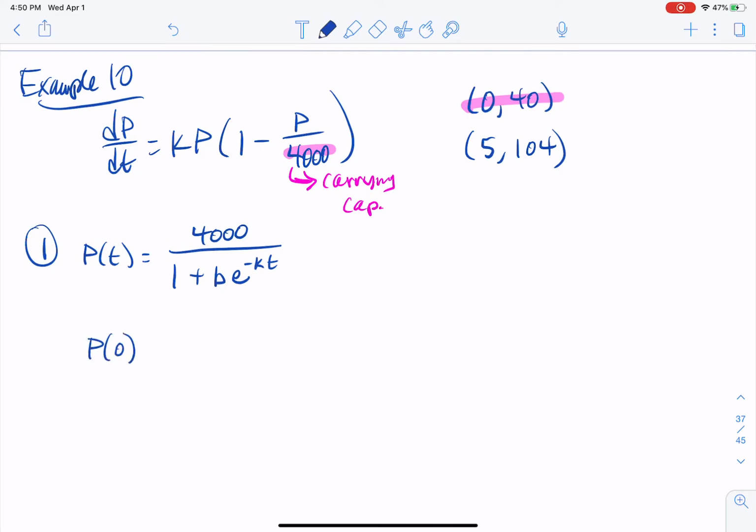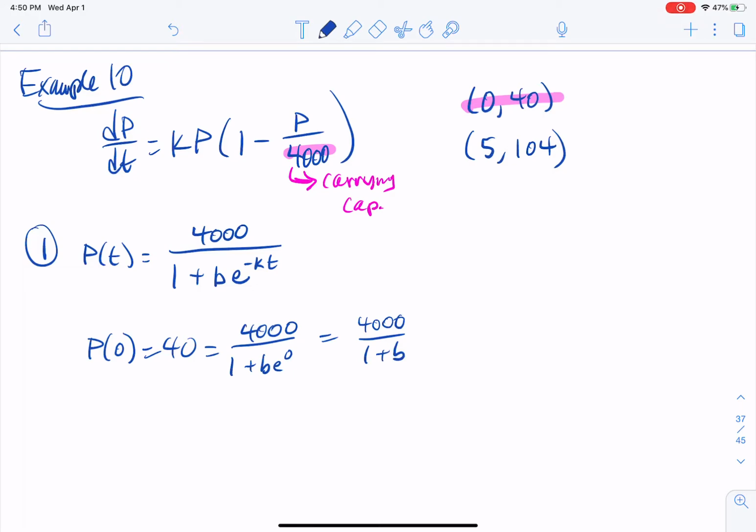P of 0 should be equal to 40. Now let's plug in 0 for our t: 4,000 over 1 plus b e to the negative k times 0, which is going to be 0. So that part is going to disappear because e to the 0 is 1, and I just have 4,000 over 1 plus b.